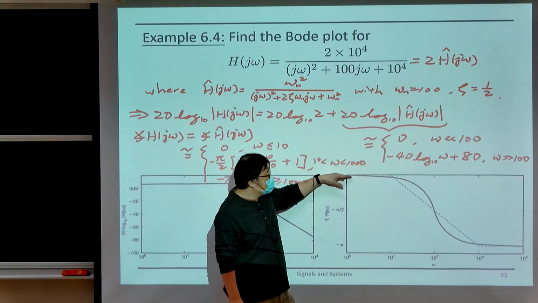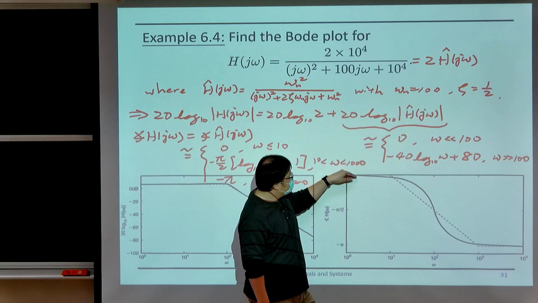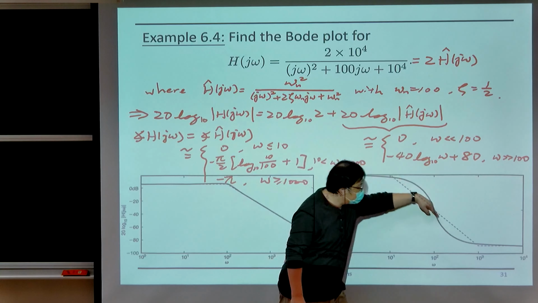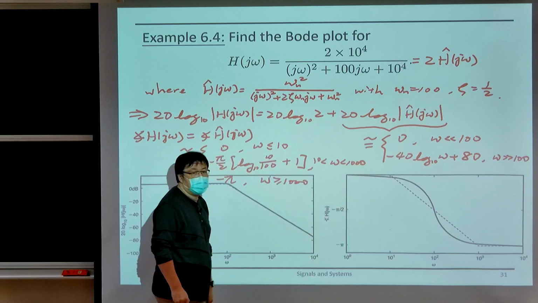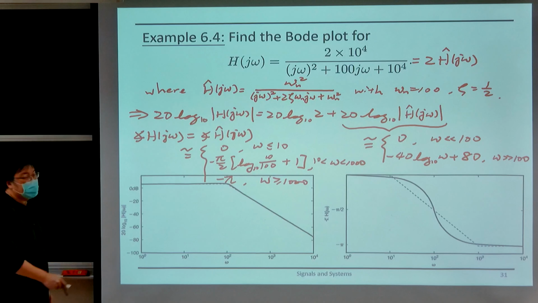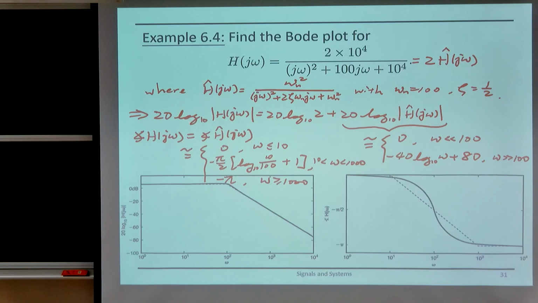You have this straight line 0, straight line minus pi, and a linear line connecting the two. And they intersect at the break frequency omega n. Similarly here.